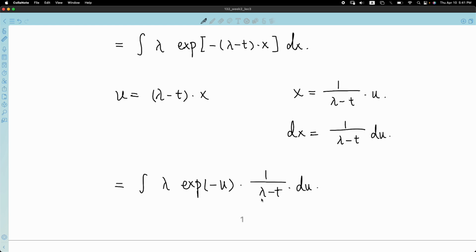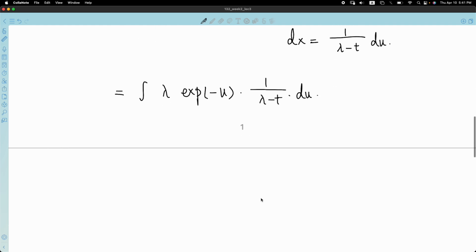So you can see that for this trick, after we make the change of variables, what we end up with is just some constant multiplied by the integral. So let me bring the constant outside. And then we have the integral of exp negative u du. So by change of the variables, we reduce this problem into a relatively simpler problem.